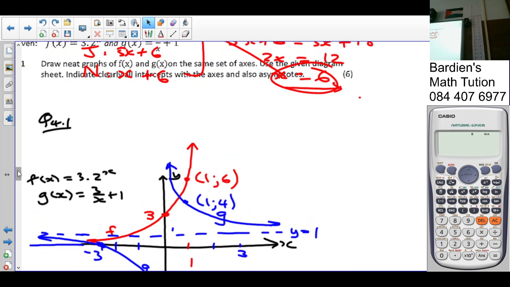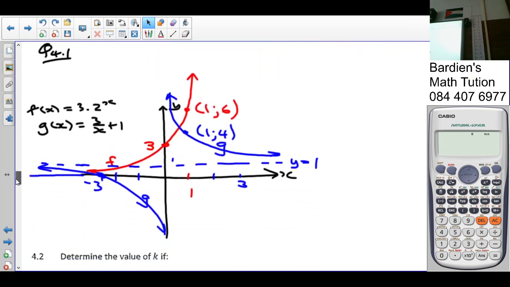It just says draw a neat sketch on the same system, indicate clearly the intercepts with the axis, also the asymptotes. So by that information, 100%. However, if it said, accompanying another point other than your axis intercepts, then you're compelled to give that. Does it make sense, people?